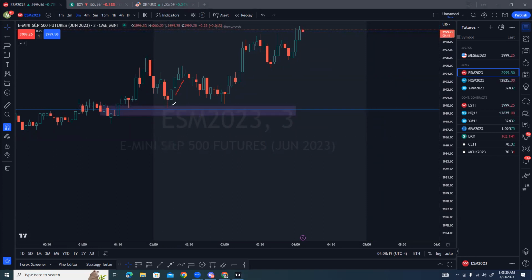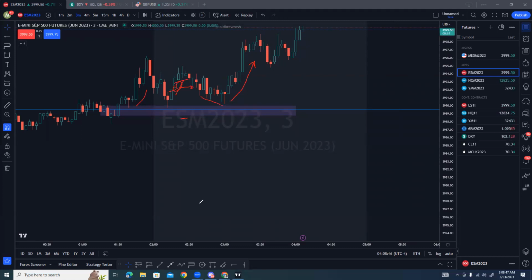And then we get these nice moves away from it. And from that, we have displacement. And then we can look to enter right here and set our stops below there. We would have had a little drawdown from wherever we entered in, but then eventually we got that move.